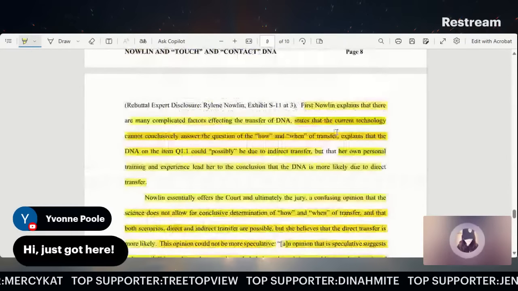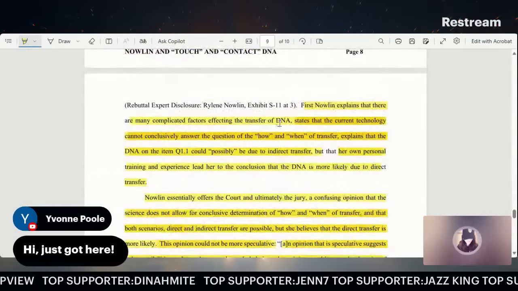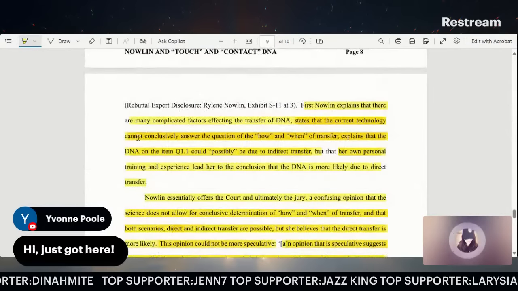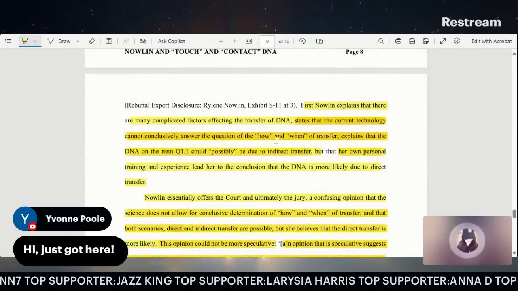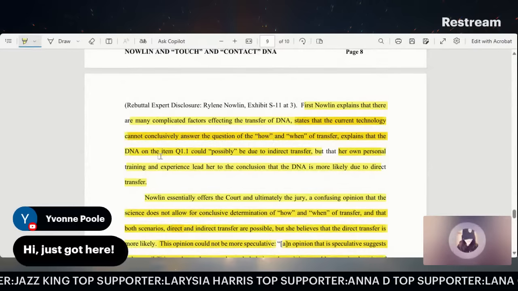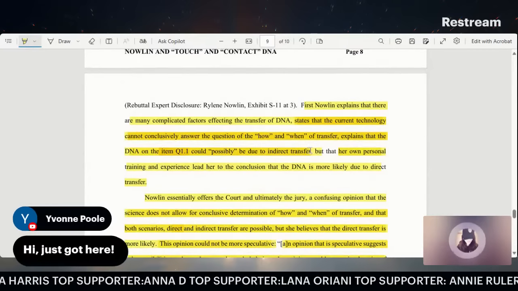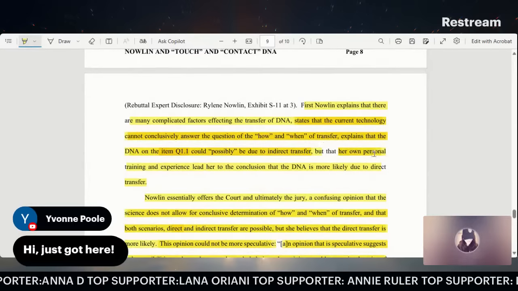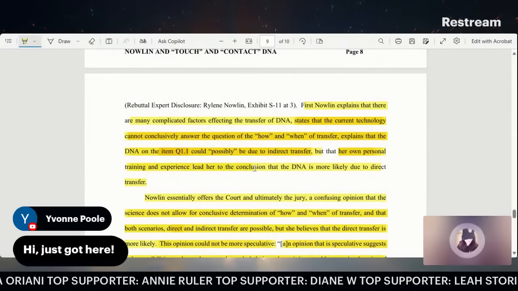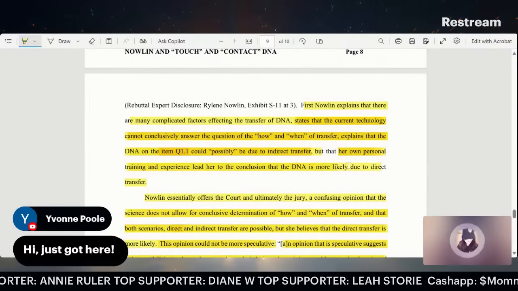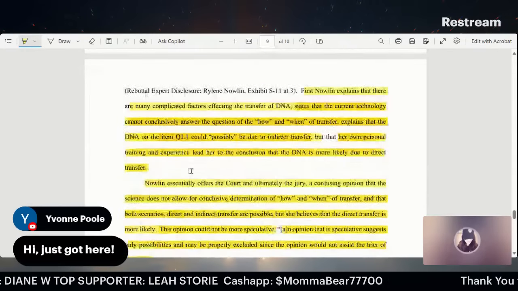First, Nowlin explains that there are many complicated factors affecting the transfer of DNA. She states that the current technology cannot conclusively answer the question of how and when of transfer, and explains that the DNA on item Q11 could possibly be due to indirect transfer, but that her own personal training and experience led her to the conclusion that the DNA is more likely due to direct transfer.